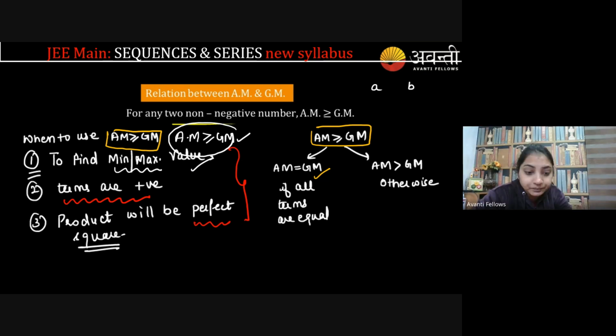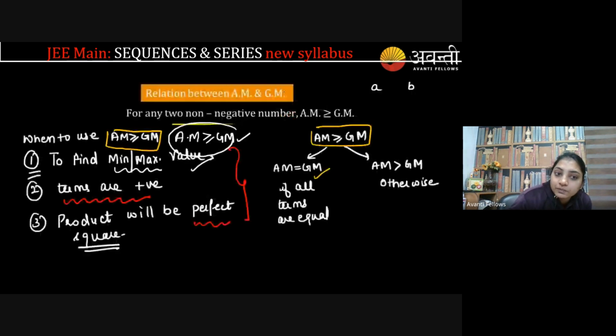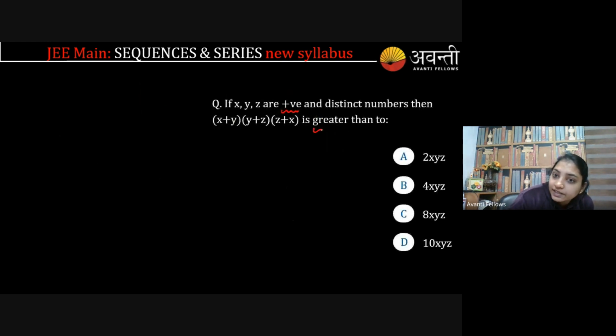Yes, ma'am. Okay. So Aditya, they said three distinct positive numbers. See, first condition, positive numbers should be there. Second condition is matching. Clear? Then see, maximum or minimum is asked. Clear?